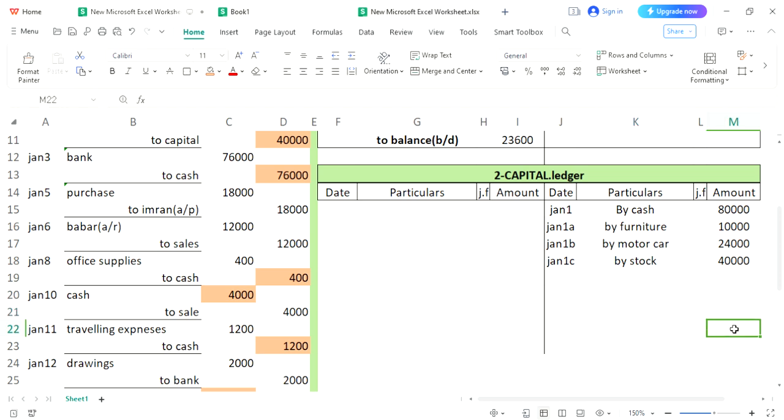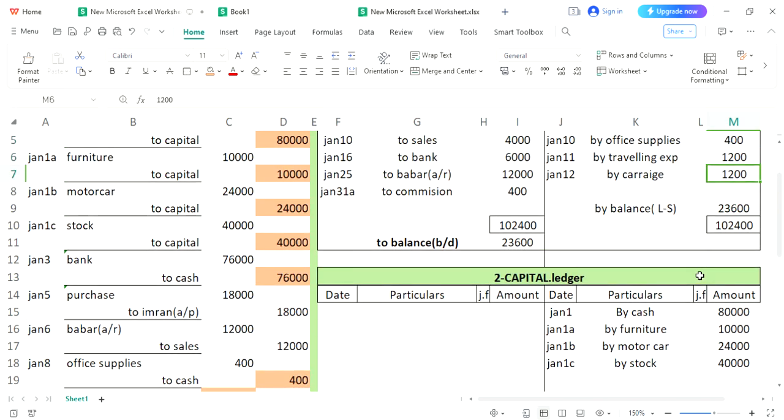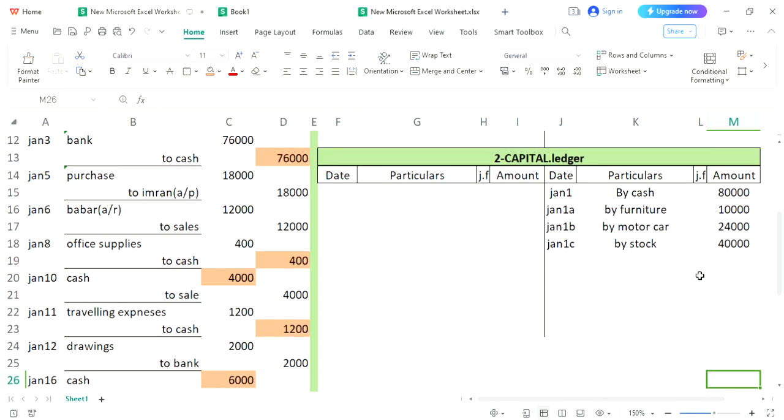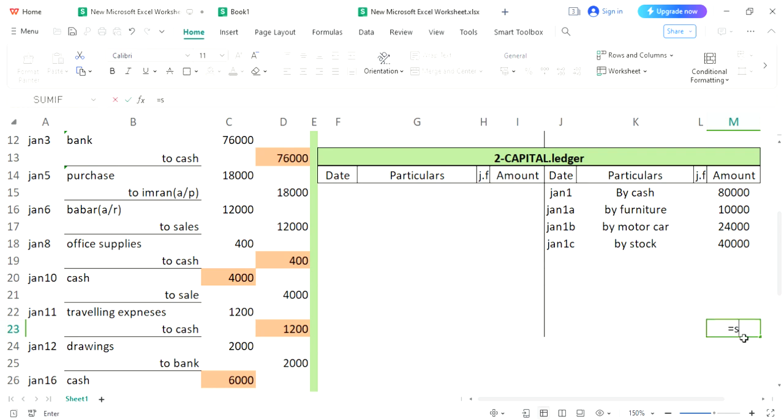For balance, it is easy to understand. We have already calculated the balance over here. Few steps were followed, and same steps we are following over here as well. We will calculate the sum of both sides. So first, let's take the sum of credit side.